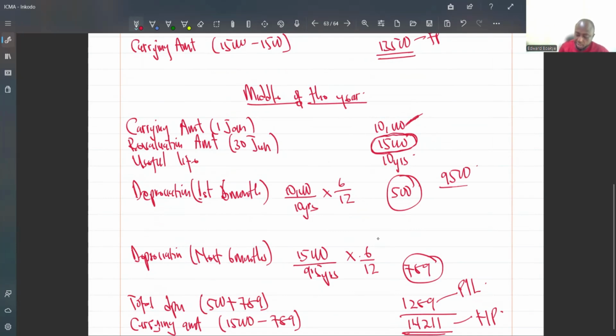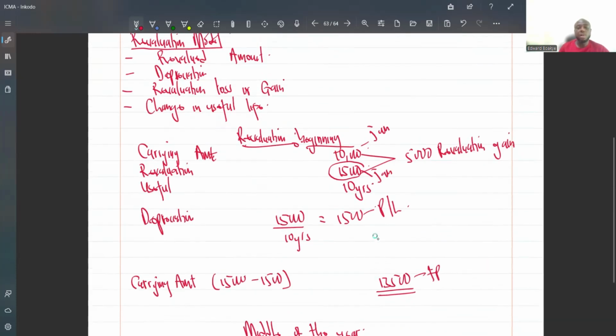How much was that? It was 15,000, and the carrying amount as at the 6th month was 9,500. So the revaluation gain will be 15,000 less 9,500, and that would be 5,500. When it was at the beginning of the year, we calculated it when it came in. So at the beginning of the year, the revaluation gain was what?